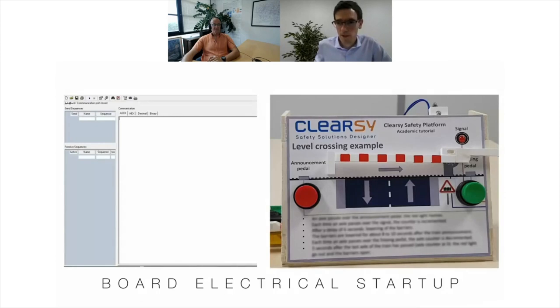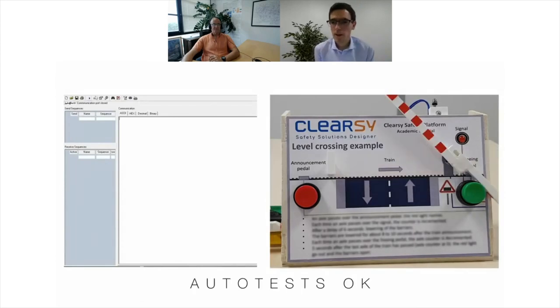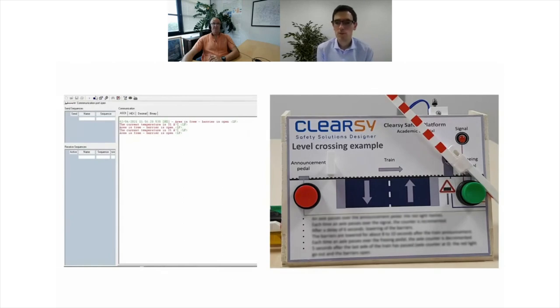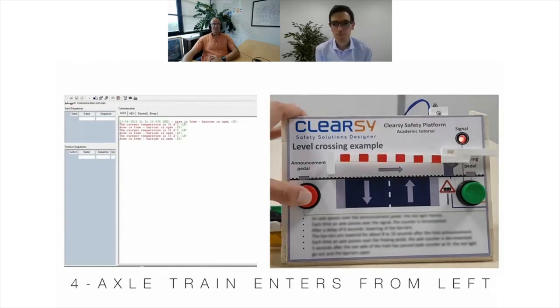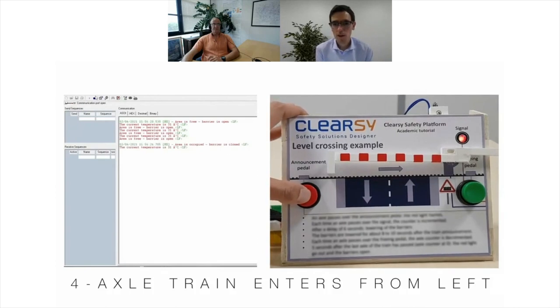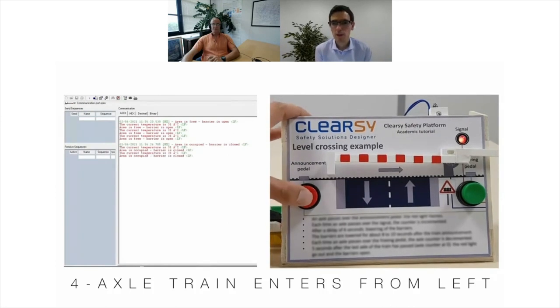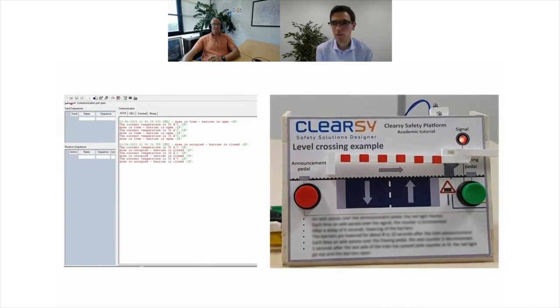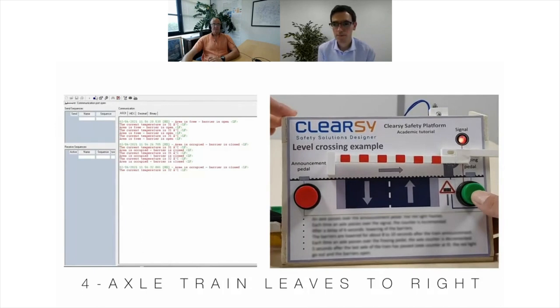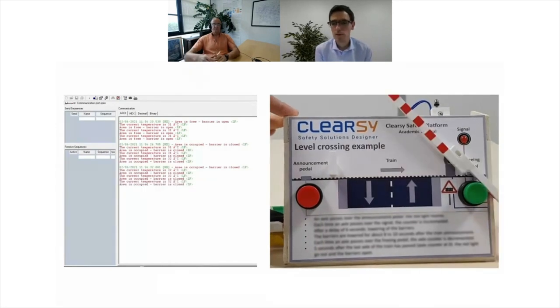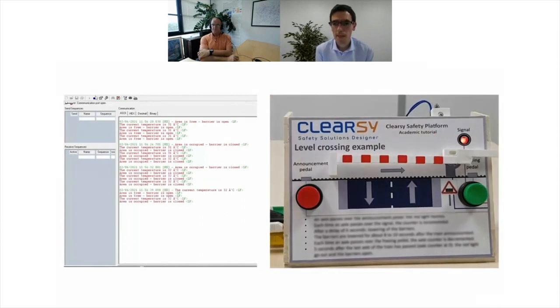So here you have the setup. At startup, the barrier is closed because we haven't performed all the built-in self-tests. When inhibition is removed, the barrier opens. We count 4 axles entering from left to right. The barrier is closed and the signal is on. We have the 4 axles leaving the area and the barrier opens.